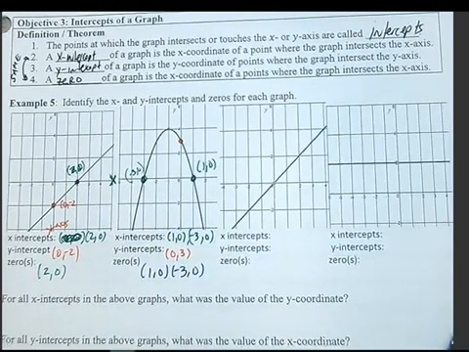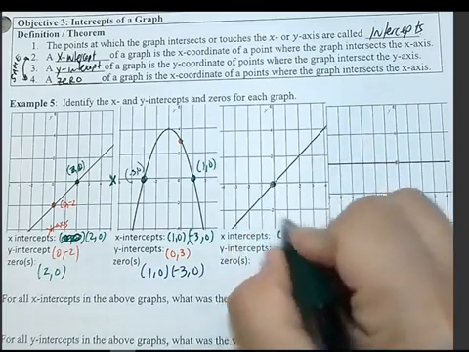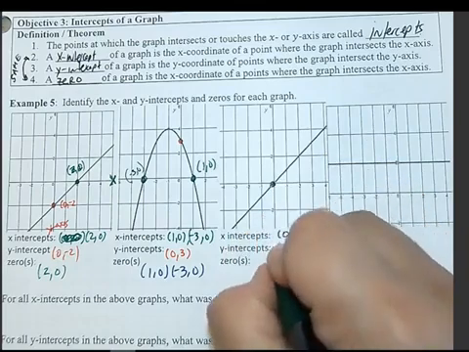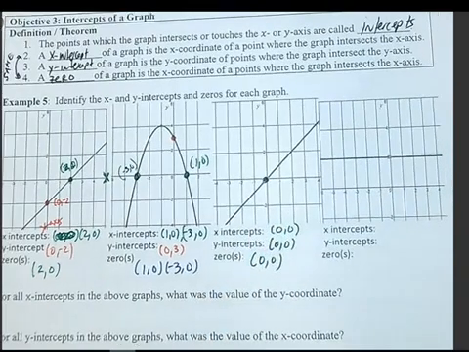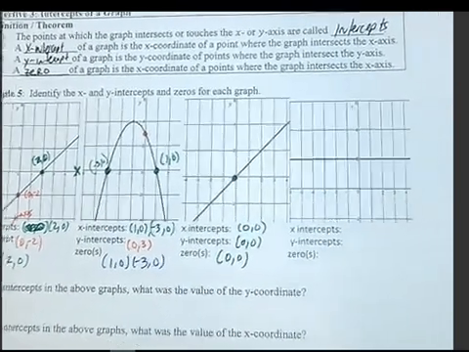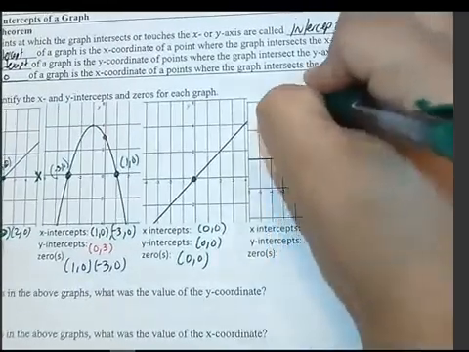And then on the next example, we have that the x-intercept is at 0, 0. Notice that's the same one for the y. And then the zero is the same. Here, this is your x, this is your y.